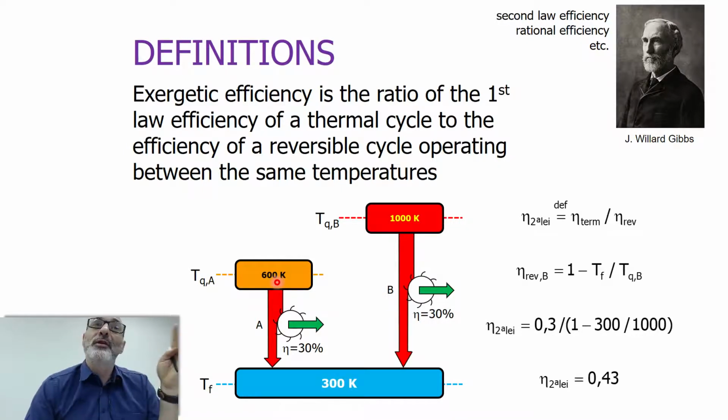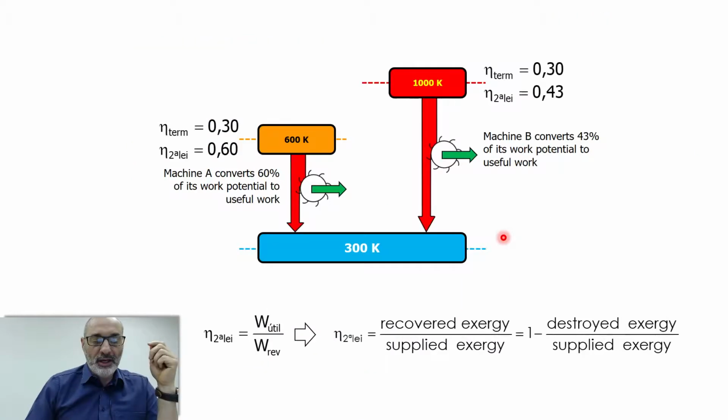Machine A performs better than machine B as far as the second law is concerned. Comparing both and summarizing the results, they both have 30% thermodynamic efficiency, but the second law efficiency of the machine on the left is higher, 60%, than the machine on the right, which is 43%.